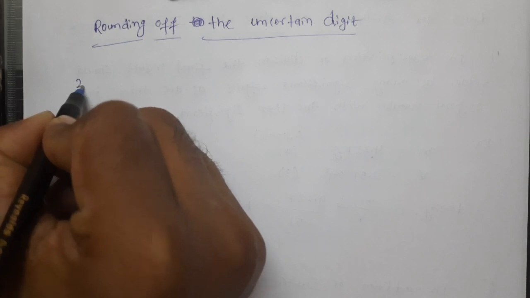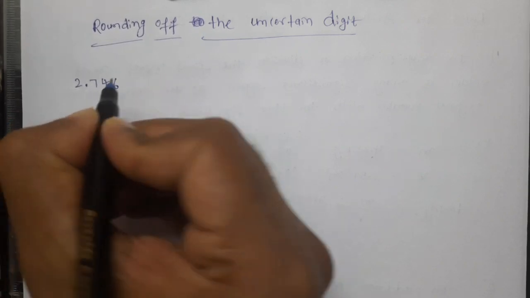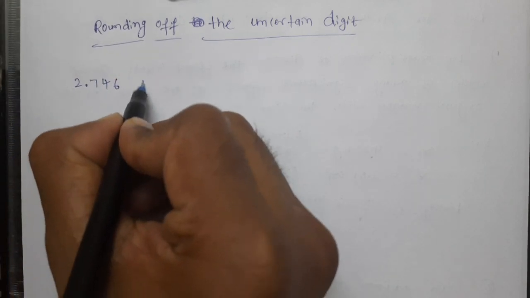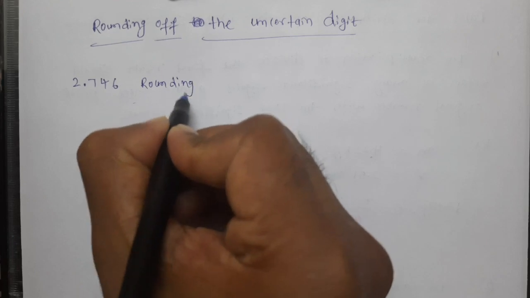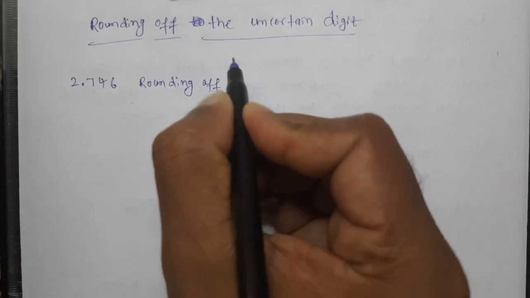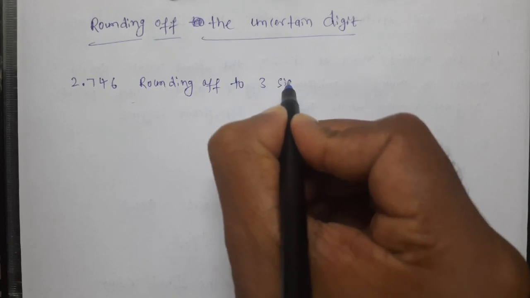Rounding of the uncertain digit. Now let us see how we round off a given number. Suppose I have a number 2.746. Now let us round off to 3 significant figures.